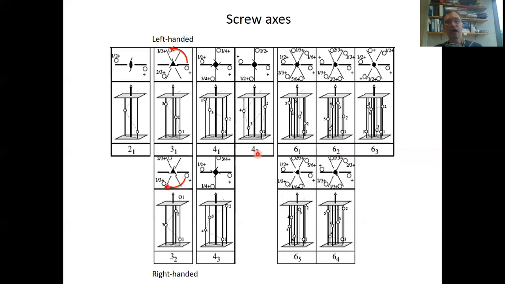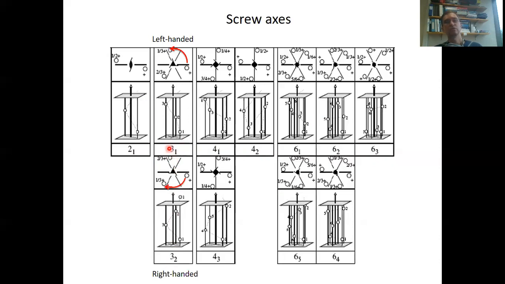So now, how many screw axes can we actually have for a particular order? When the order is 2, then there's only 1 screw axis possible. When the order is 3, then there are 2 possible. That's the 3-1 and the 3-2.